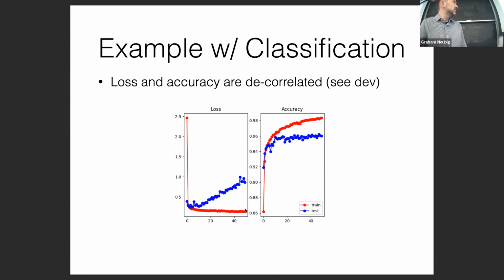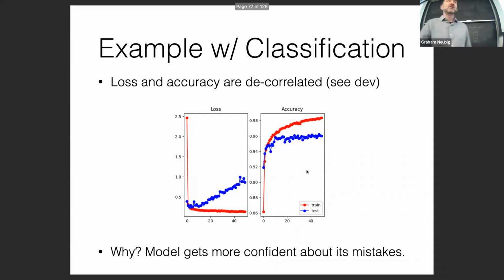As I said, it's going down and down, so that's an indicator that I'm training the model well. However, the development loss is diverging like this. And if you look, the accuracy on train is going up, and on test it's also going up. So our loss function is getting worse, but our accuracy is continuing to get better.